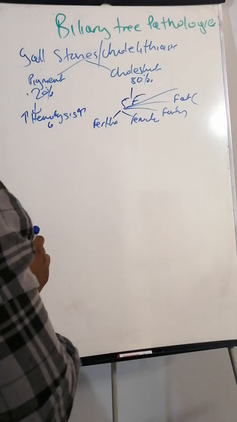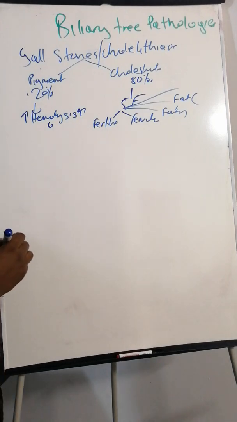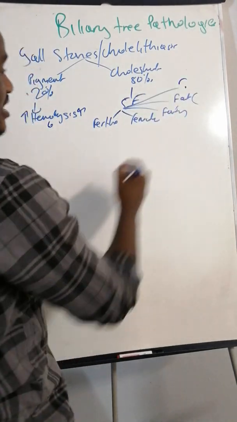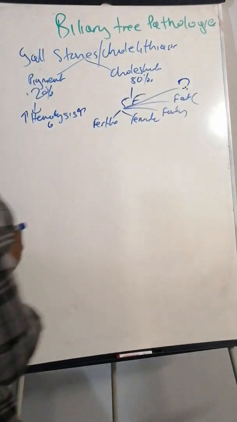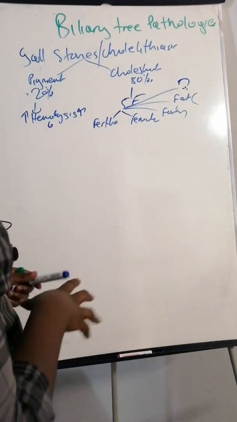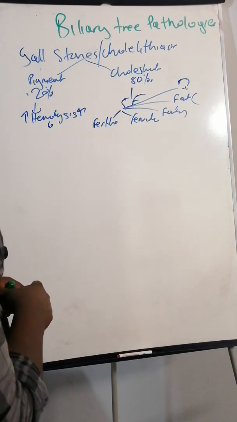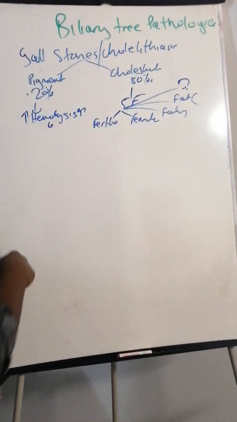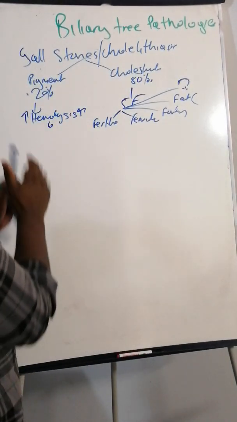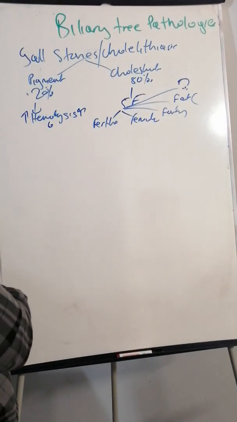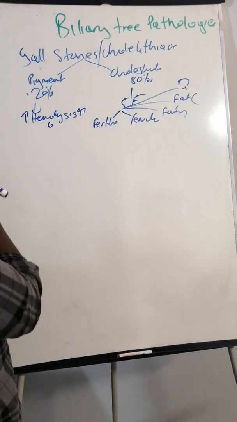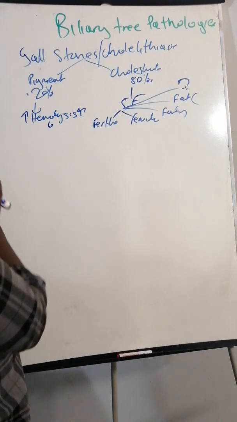Female, 40. Guys, please check the last F. It's very important. Please look it up, because if I now sit and think about it, I'm going to exhaust my time. So those are the 5 F's. These are the risk factors of cholesterol stones, pigmented stones or cholesterol stones.